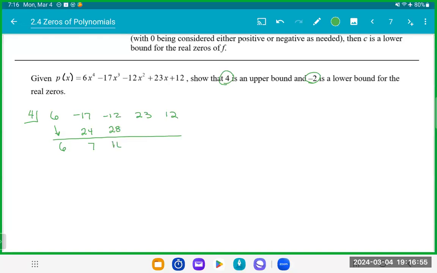Minus 12 is 16. 16 times 4 is 64. Plus 23 is 87. 87 times 4 is 348. That is 360. So what you see here is these are all positive.